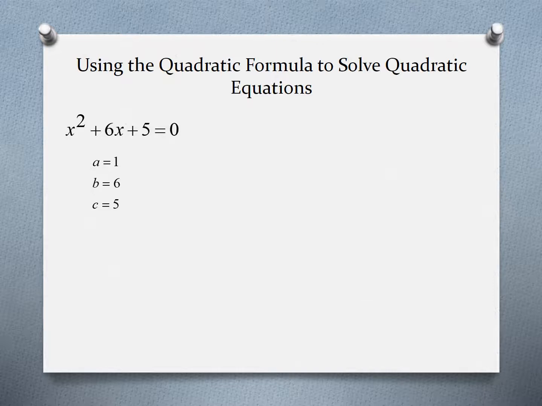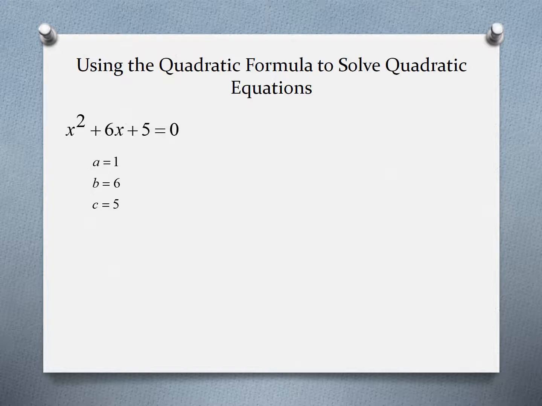Remember, these are our representations that we're going to use, pointed out by the coefficients of each of your terms. Your x squared term coefficient is our A. Your x to the first coefficient is our B, and your x to the 0 or your constant is our C. Therefore, as you can see in this equation, the coefficient of x squared is 1, therefore A is 1.